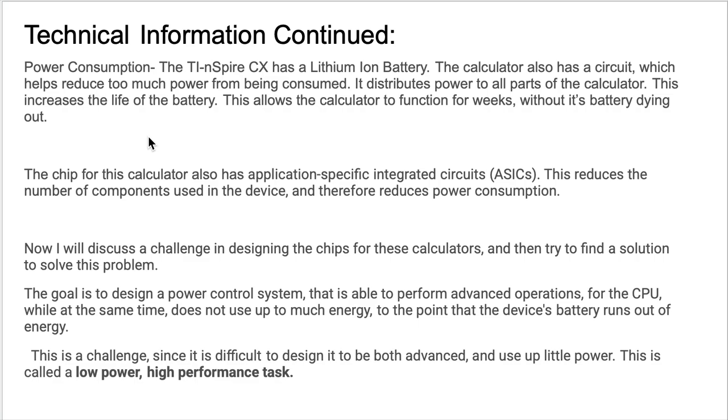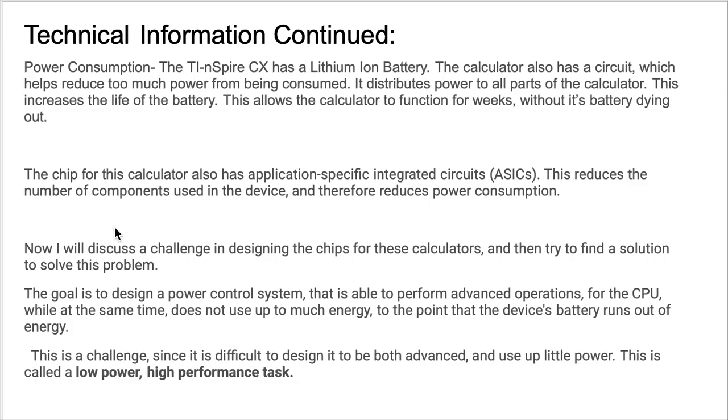As you can see here, it says it reduces power consumption, but it also helps store the data in the chip of the calculator. Now I'll discuss the challenge.